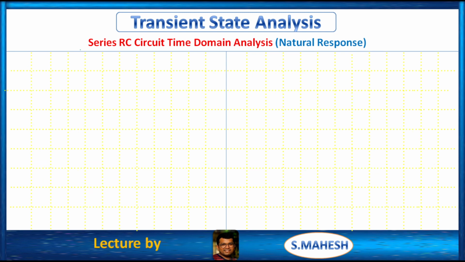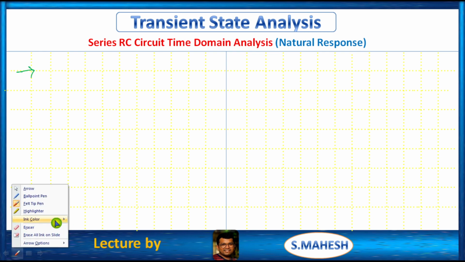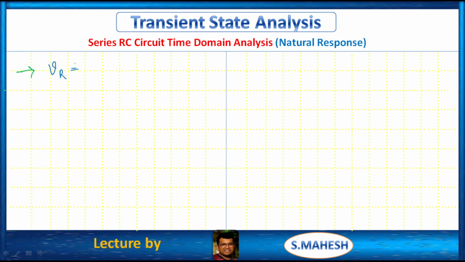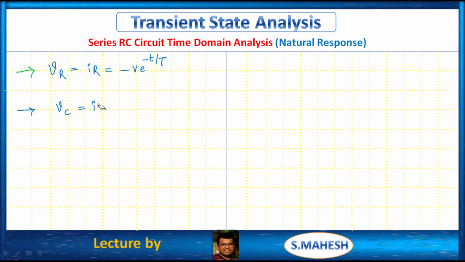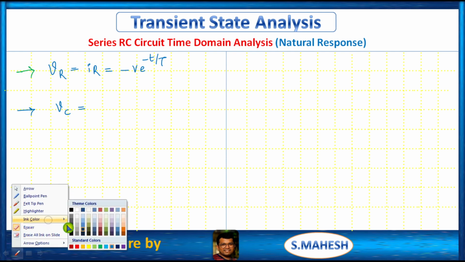Therefore voltage across resistor and capacitor, same logic. VR, which is equals to what? Directly here I can provide, which is equals to what? Minus V e power minus t by tau. Like that, VC, which is equals to what? I into, sorry, I into XC, right?